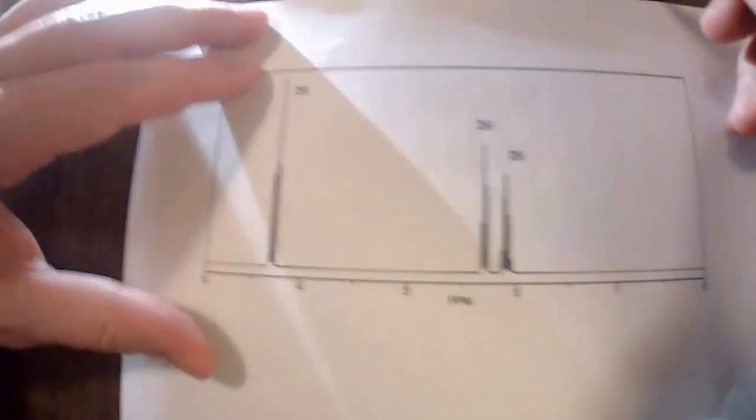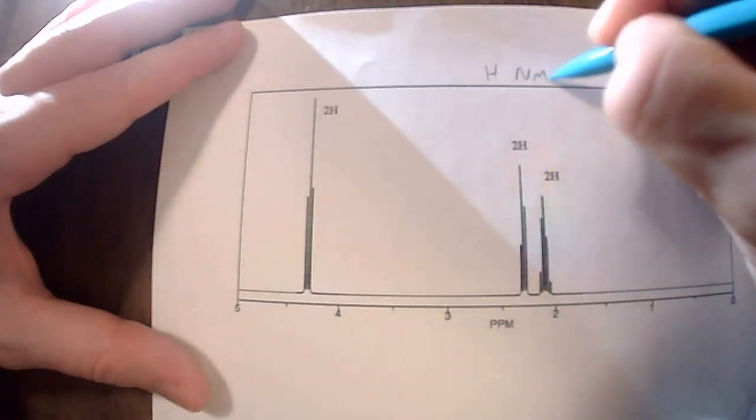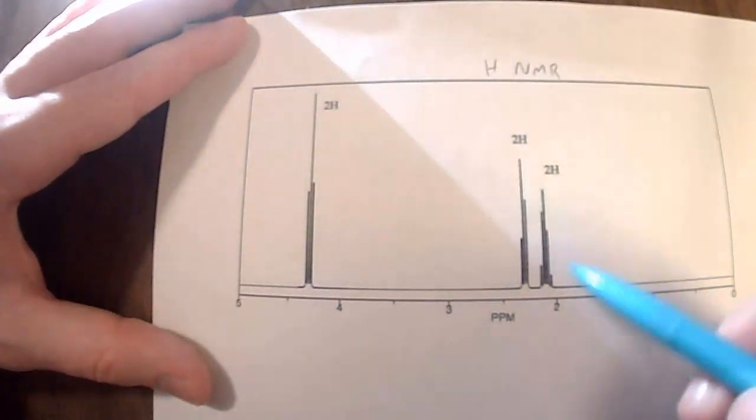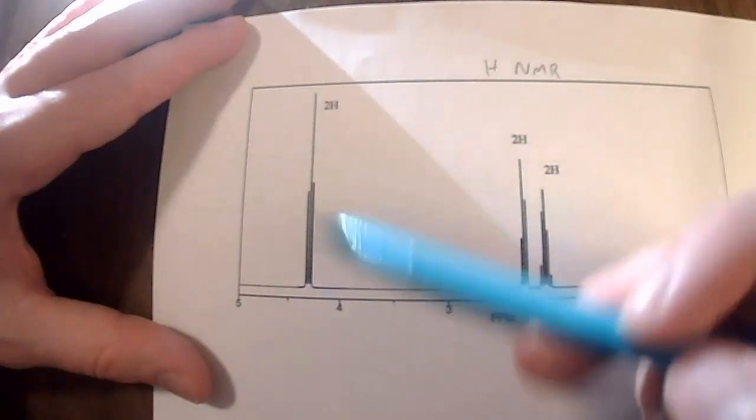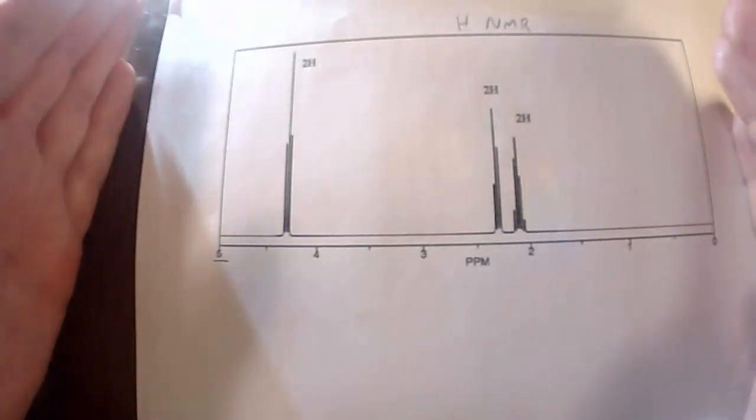Alright, so now we look at our final spectra, the HNMR, and we have 3 readings. So, also to note, we only go up to 5, so this is only half of the full spectrum.